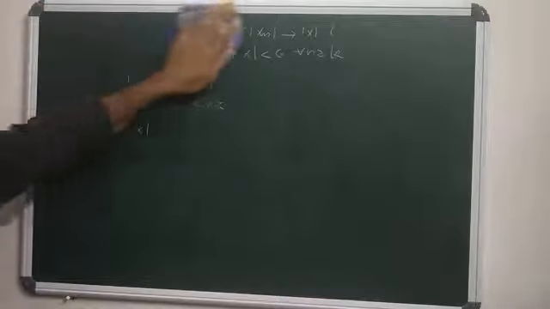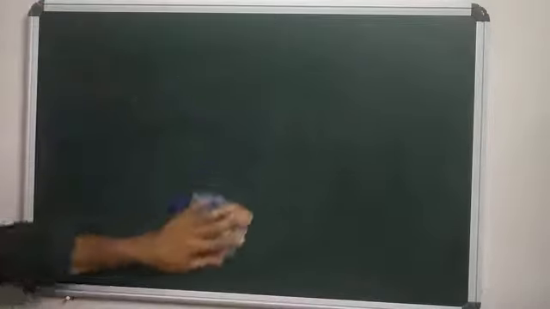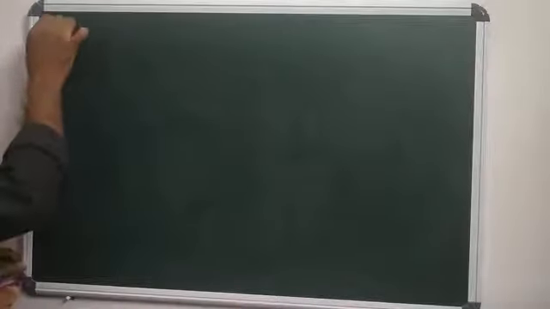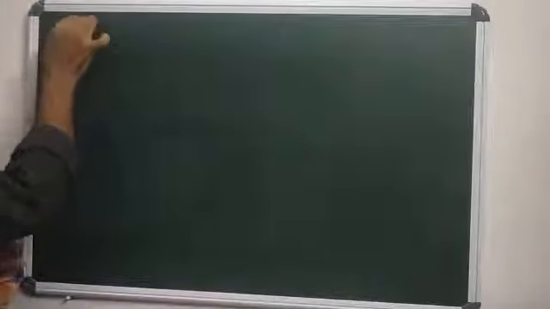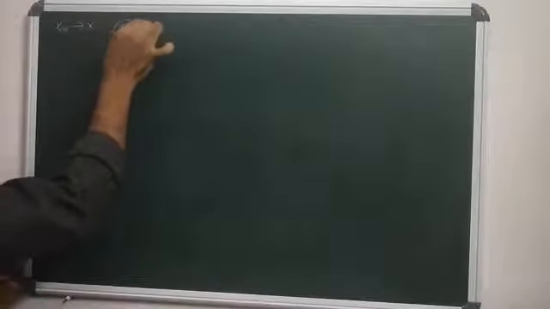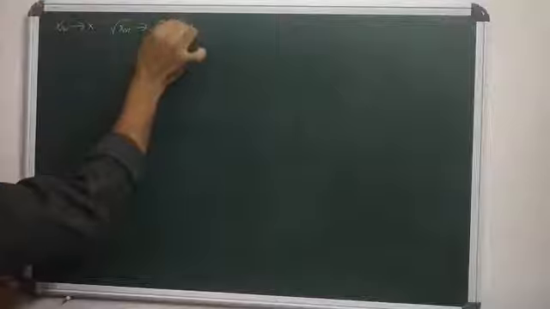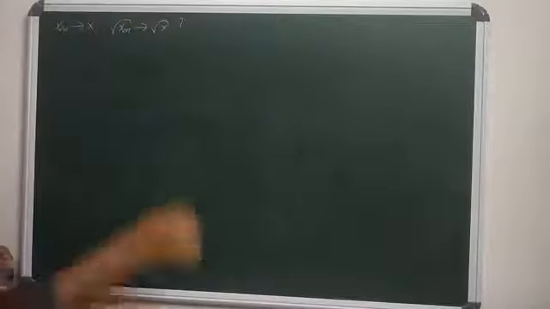Now, come to another result. Here we proved that when xn converges to x, |xn| converges to |x|. Now suppose xn converges to x. What about root xn? This is our next question. Can you say that root xn converges to root x? That's a restriction.